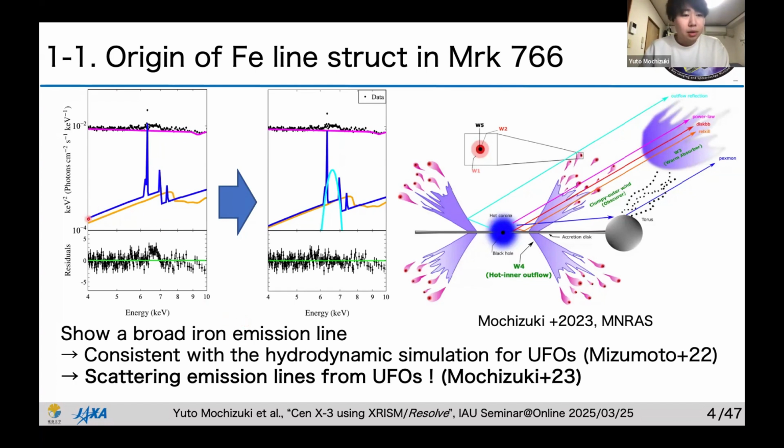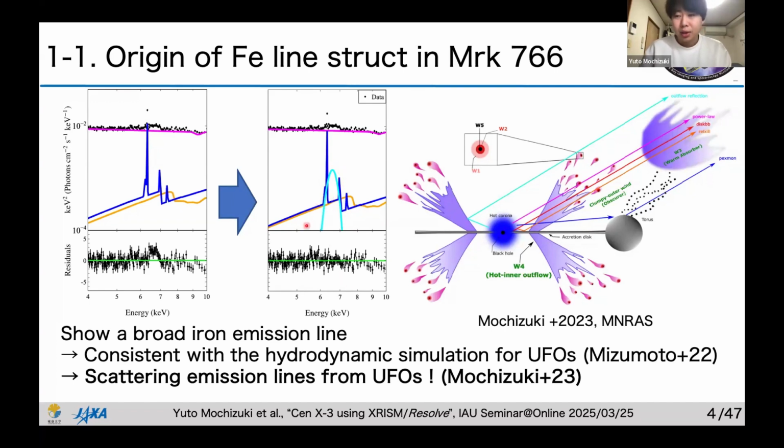In addition to the accretion disk and torus reflection components, we also need to consider slightly broadened Gaussian lines shown in cyan.